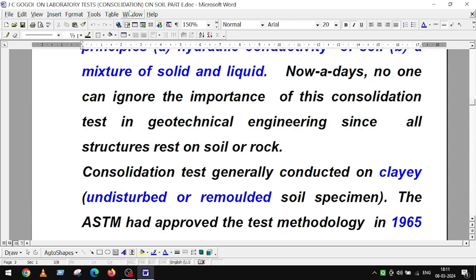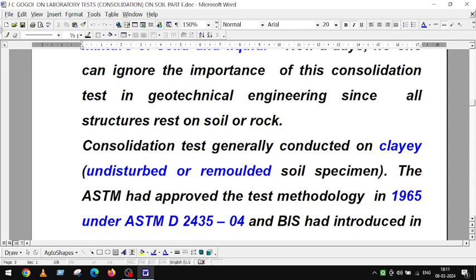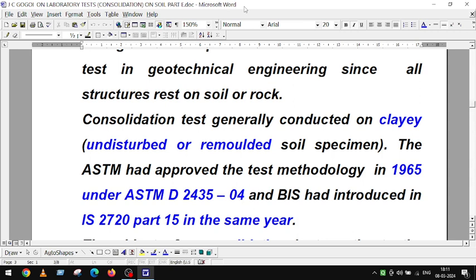This test, ASTM had approved the test methodology in 1965 under ASTM D 2435-04, and BIS, fortunately, also accepted it in IS 2720 part 15 in the same year.